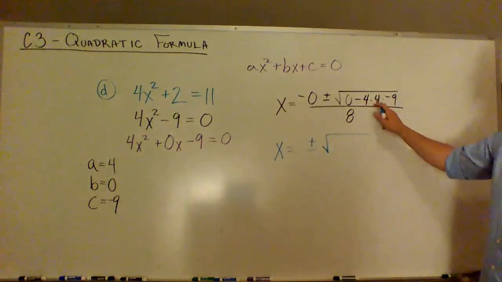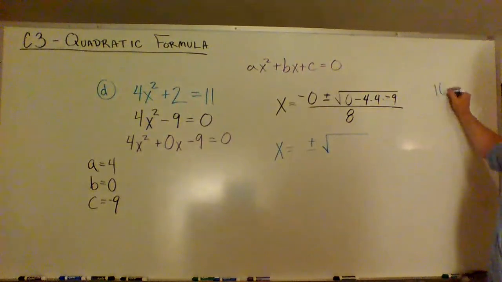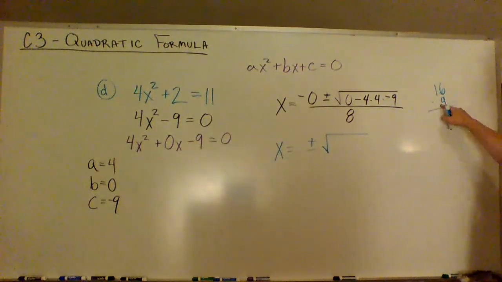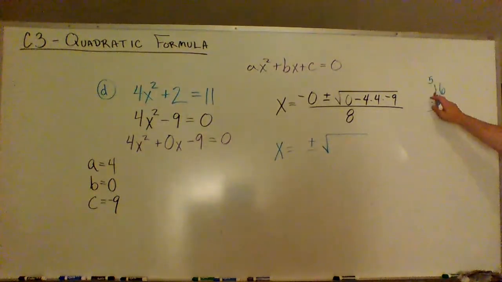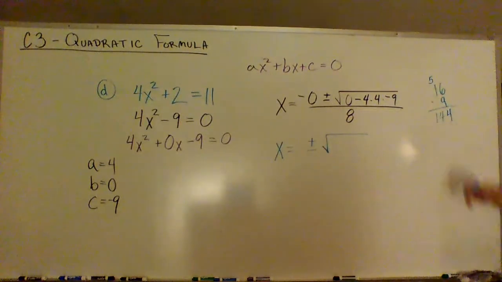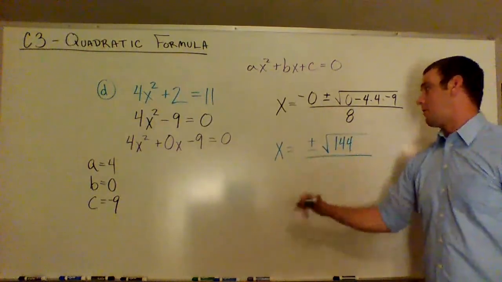We have 4 times 4 is 16 times 9. Well, 16 times 9. 9 times 6 is 54. Carry the 5. 9 times 1 is 9. Plus 5 is 14. So we get the square root of 144 all over 8.